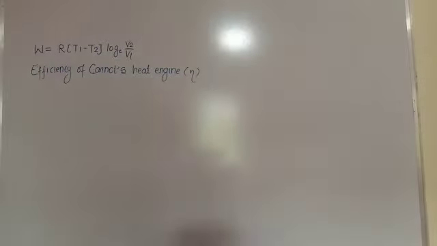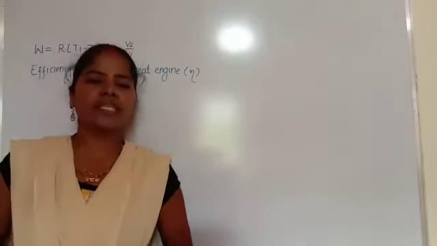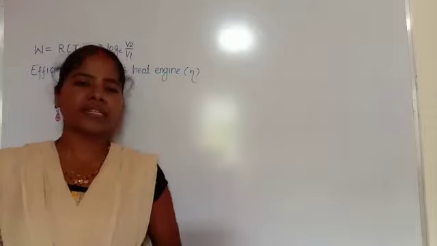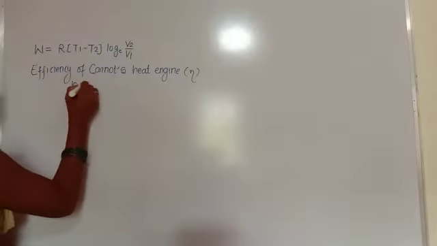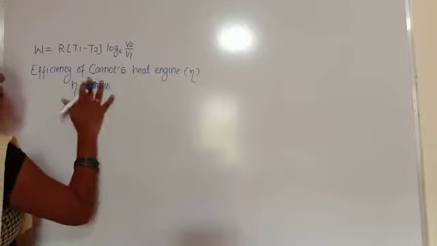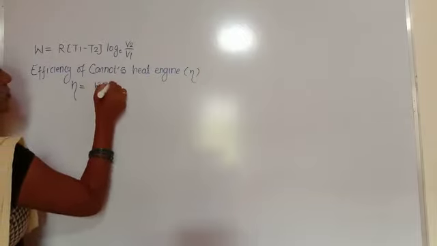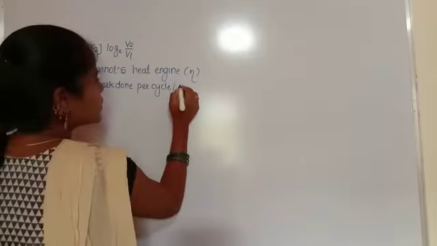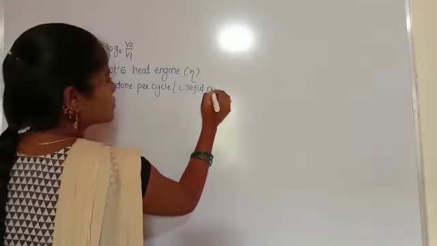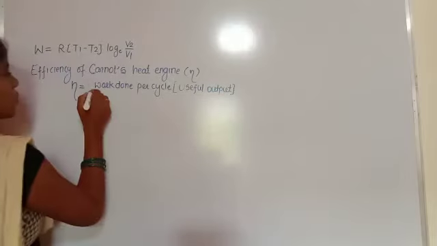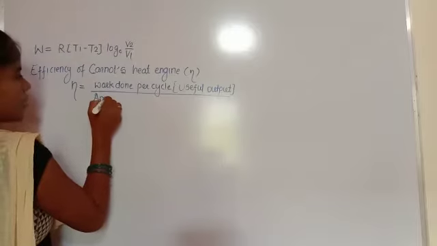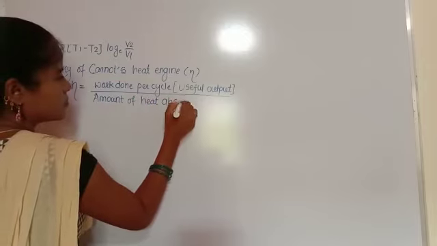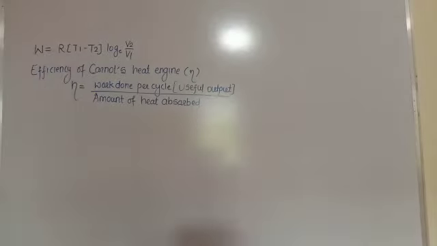We know the formula for efficiency: the efficiency of a heat engine is the ratio of the work done per cycle, that is the useful output, divided by the amount of heat absorbed by the heat engine, that is called the input.